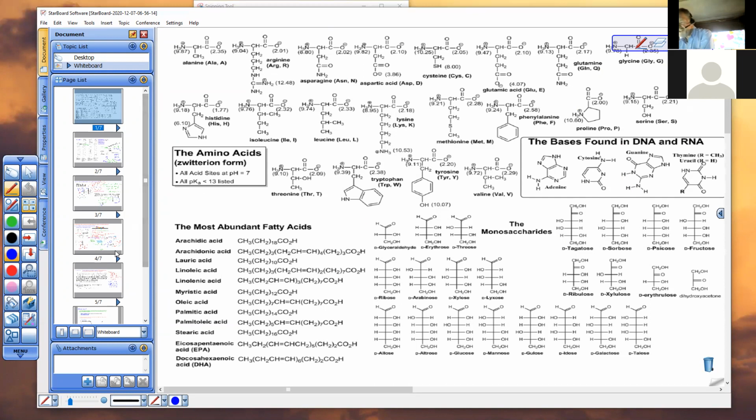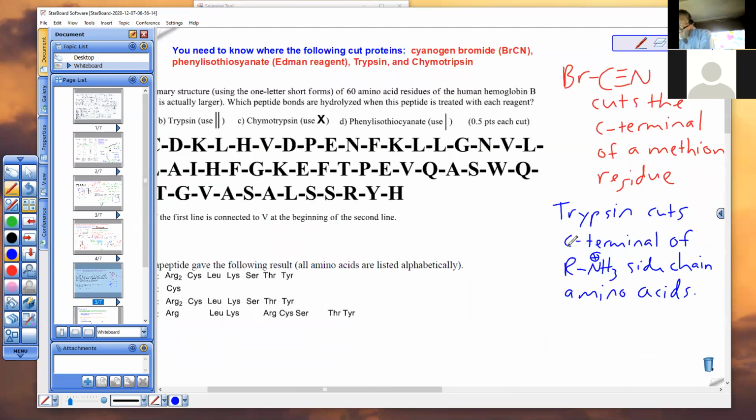Lys and Arg. Just have to help you out here. N plus side chain, that simplifies your life. N plus side chain. Doesn't matter if it's NH2 or NH3. So that's Lys and Arg.